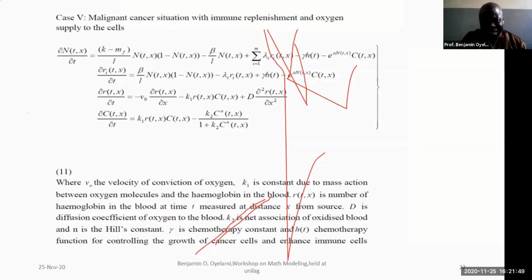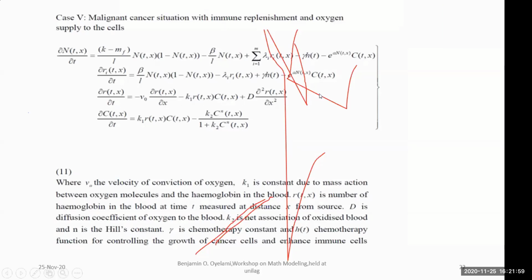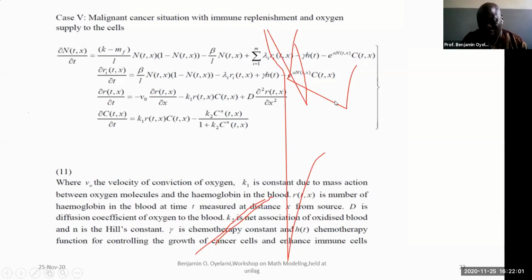Another thing again is that if we are able to solve this model equation under certain conditions, we can use it to formulate the algorithm for modeling of data. But in most cases, it's generally very difficult to do that.